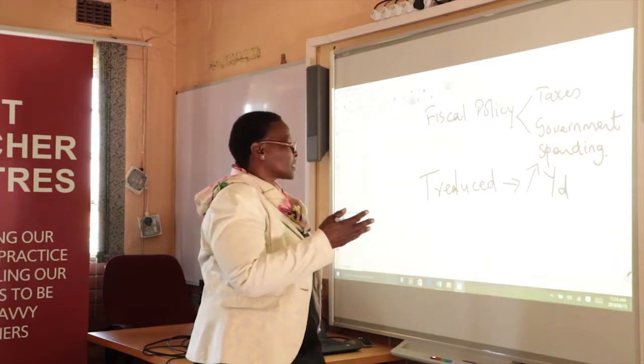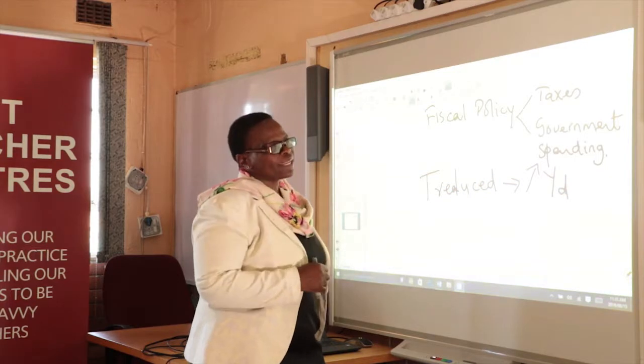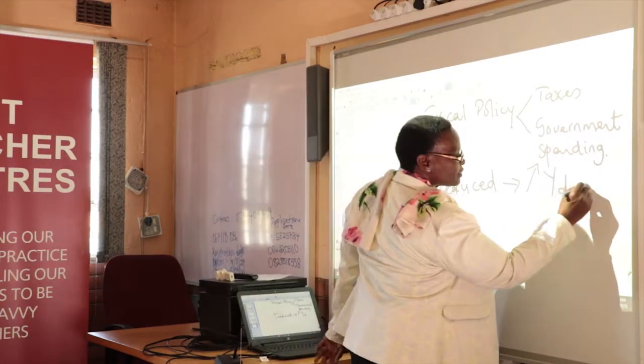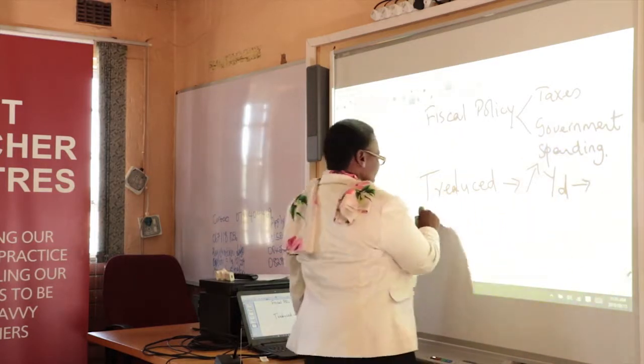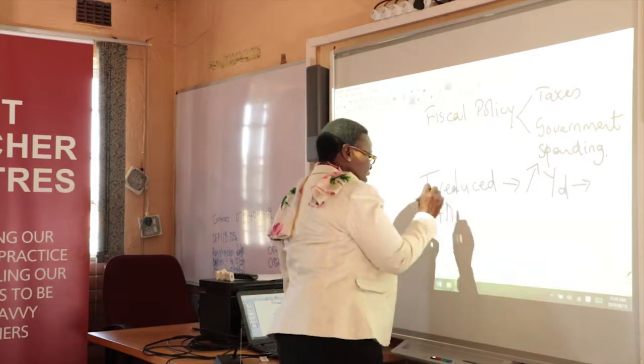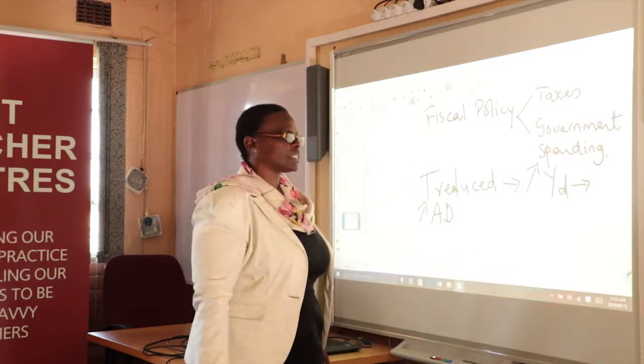So if taxes are reduced, I remain with more money in my pocket to spend, which means this would definitely stimulate aggregate demand. So aggregate demand in the economy would rise because people now have more money than before.